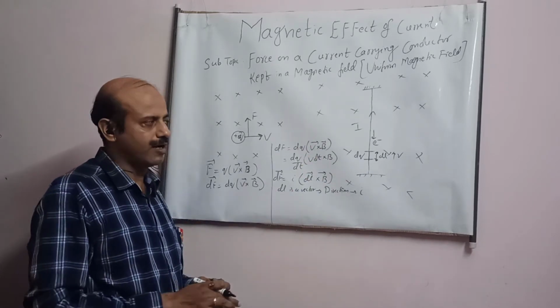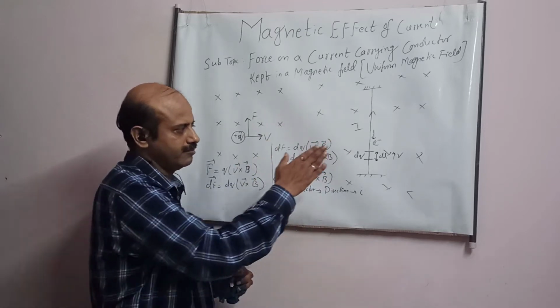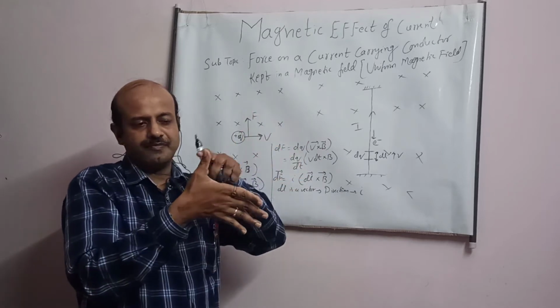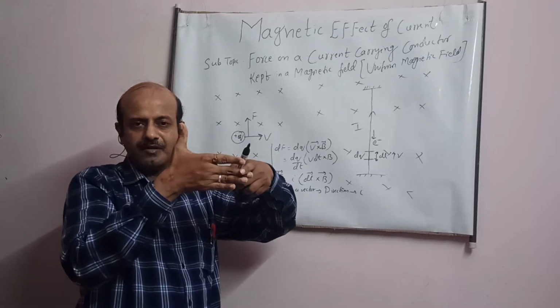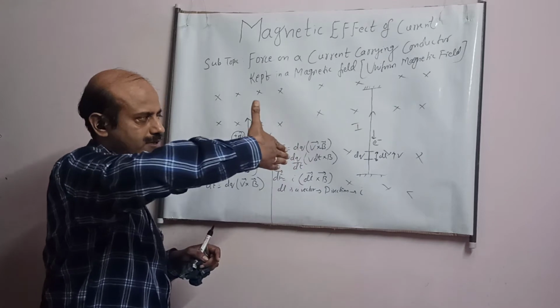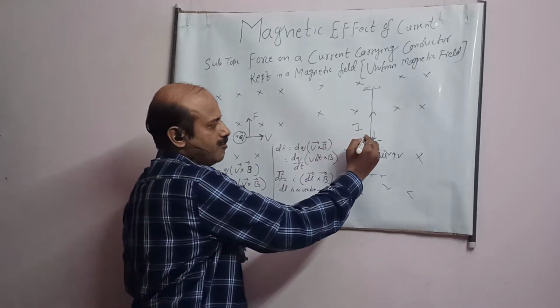So now, student, I can find out the force on this elementary part. How will you find it? See, dl: current is upward, so this finger will go upward. And this is the second vector, B. It is inside. I will place my hand like this, student. See, current, magnetic field. Hence, the force will be on the left side.